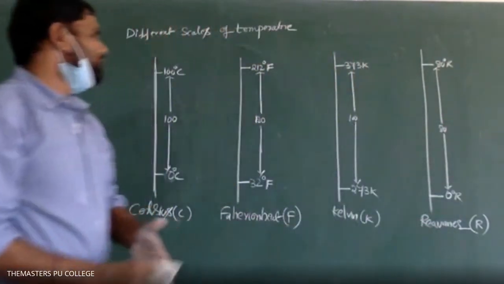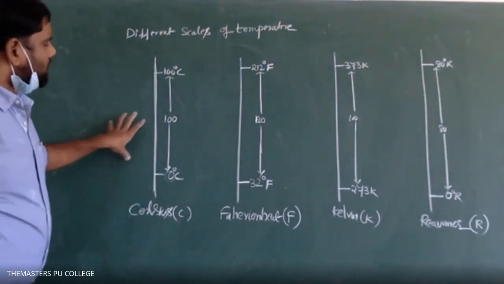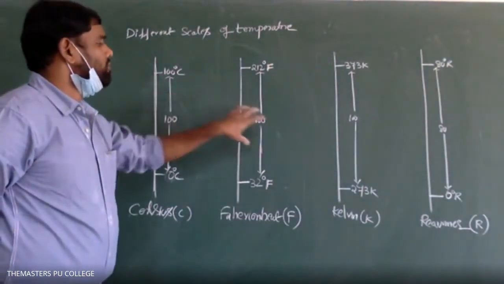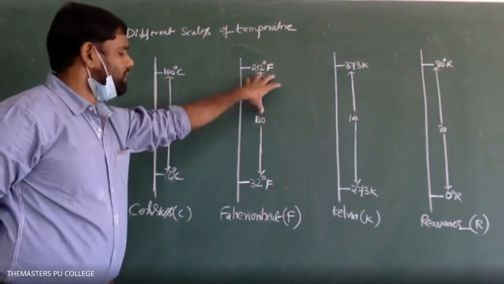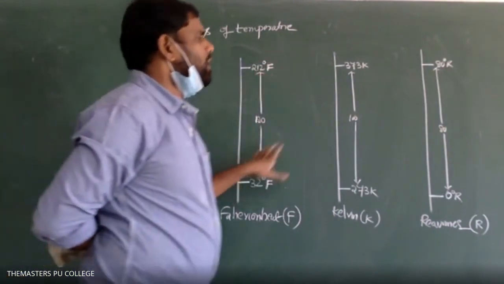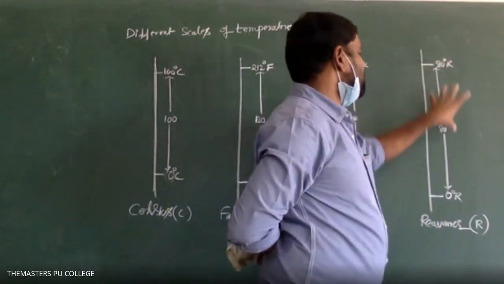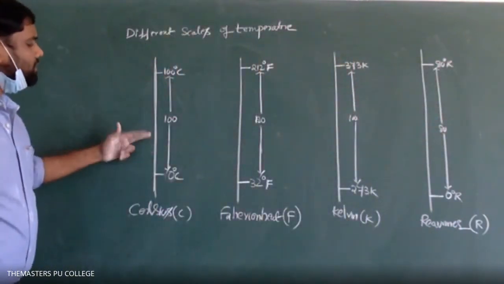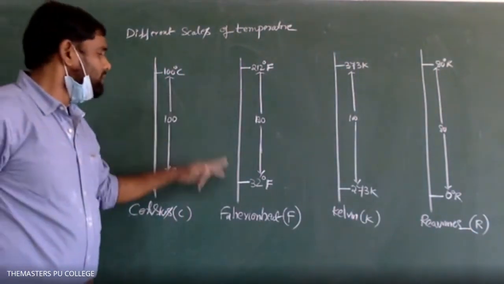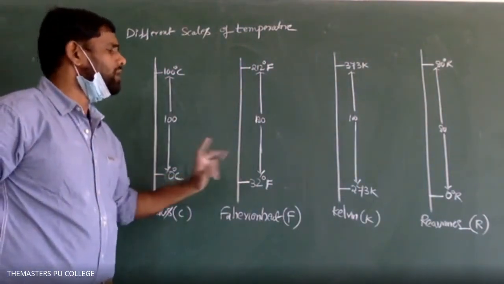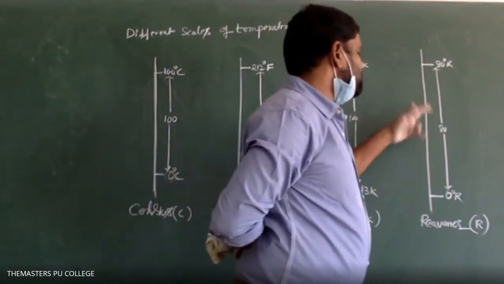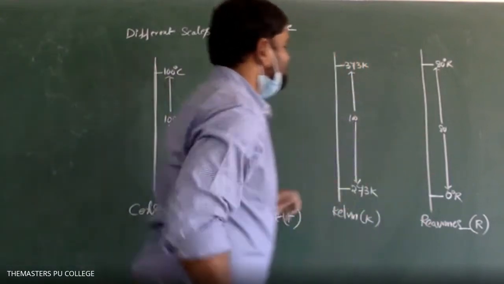Observe clearly. A 100 degree rise of temperature in Celsius scale is equivalent to a 180 degree rise of temperature on Fahrenheit scale and an 80 degree rise of temperature on Reamer scale. For example, if 1 degree is raised here, what is the degree it has to be raised on Fahrenheit scale, on Kelvin scale, and on Reamer scale?